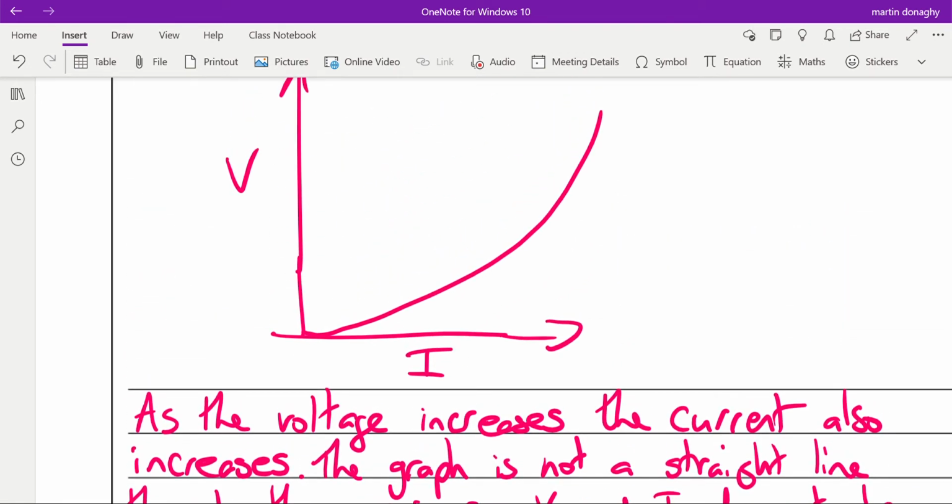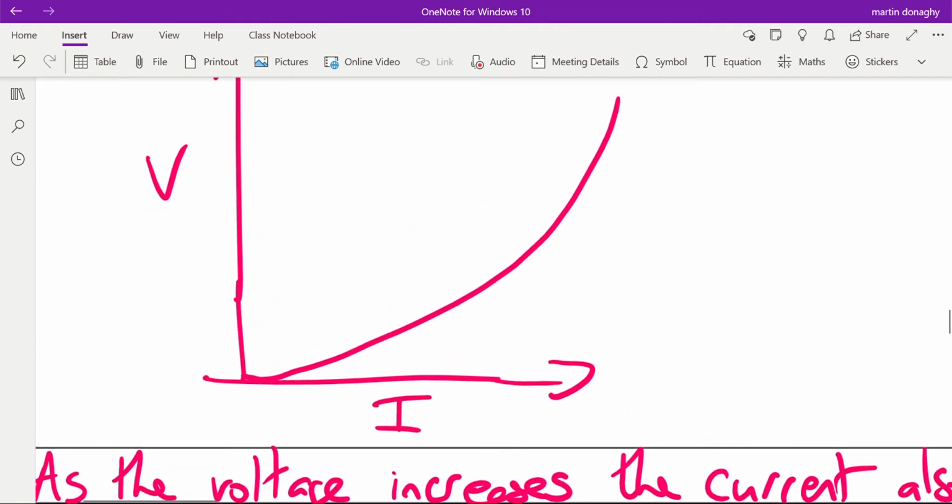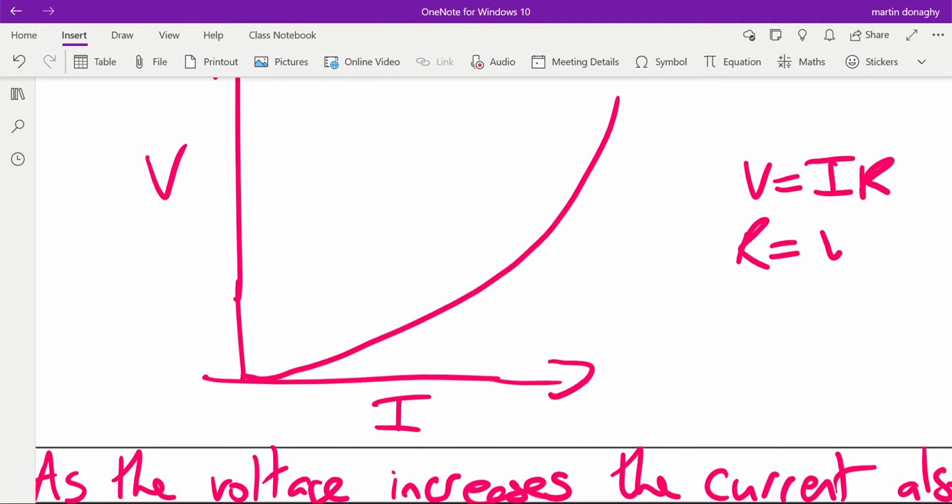And we have to go into this in a little bit of detail to look at it. The first thing we can do is look at the slope of this graph. So if we remember from Ohm's law, V equals IR, therefore R equals V divided by I. And with V on the y-axis and I on the x-axis, that means that R is equal to the gradient.